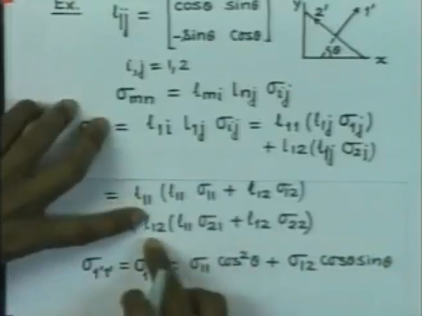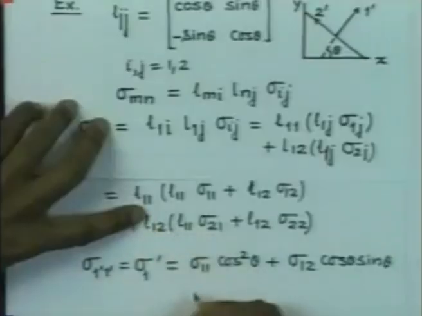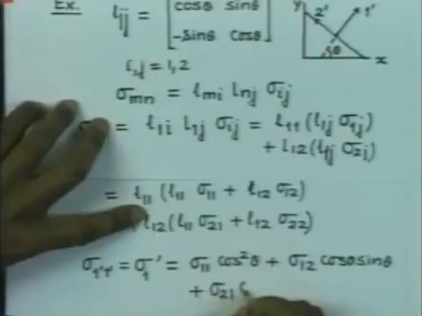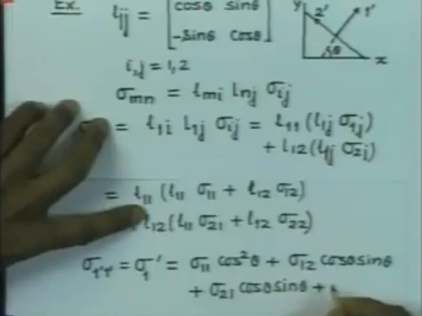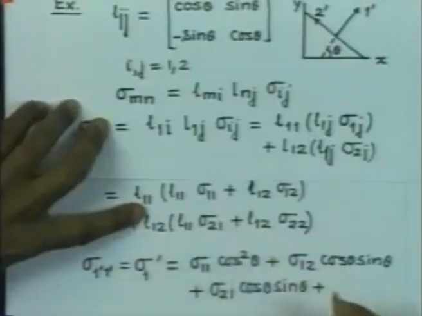Similarly, we will have this is sin theta, this is cos theta. So, therefore, it is sigma 2 1 cos theta sin theta, and this is nothing but sin square theta. So, therefore, sigma 2 2 sin square theta.